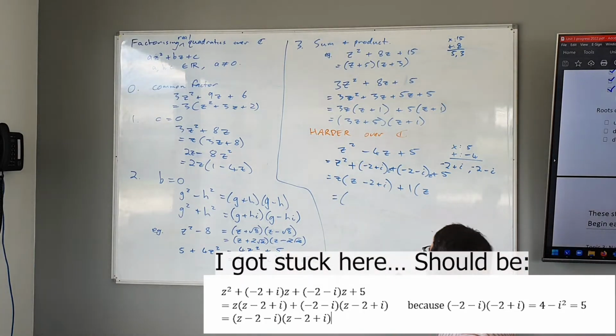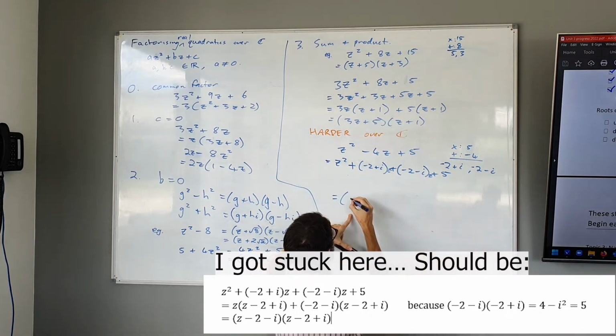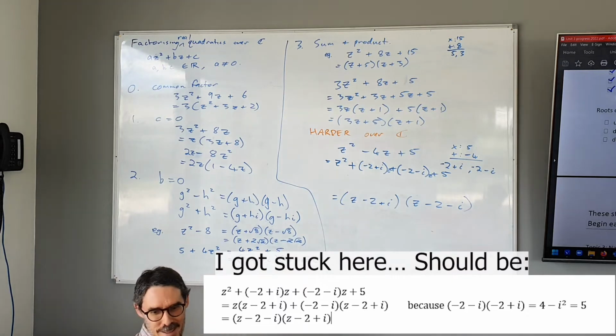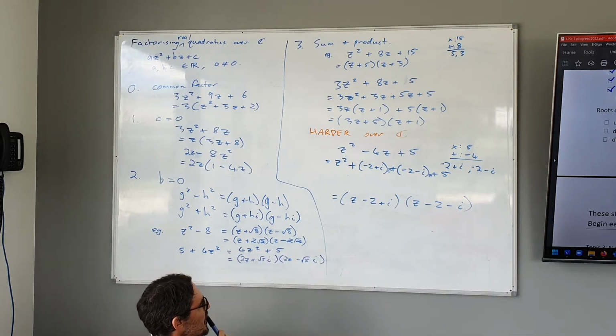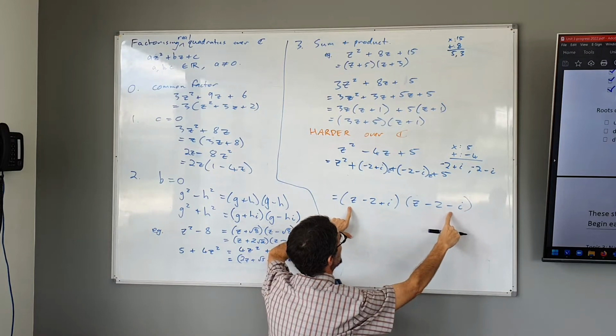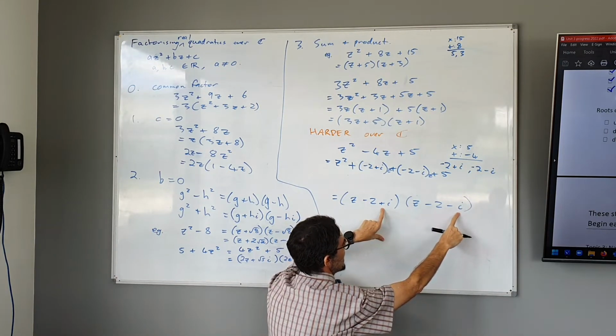This step is going to be too messy. It's going to turn into this: (z minus 2 plus i)(z minus 2 minus i). Factorising it is hard, because if you expand this, you're going to get z squared, this many z, that many z, plus 5.